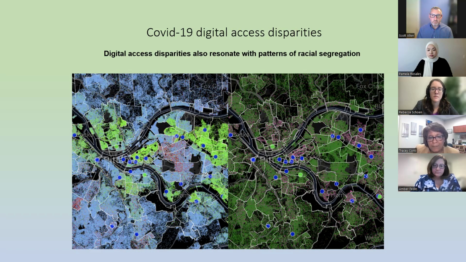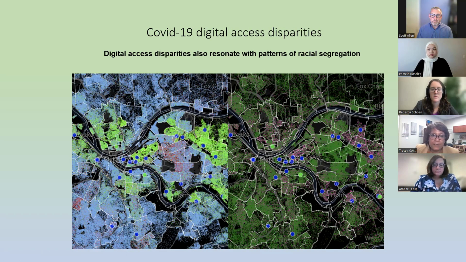This was at a time that we were also transitioning from the traditional in-person office visit to a digital platform. We had patients that were complaining that they could not access these points. Pittsburgh, if you don't know, is a city of bridges and rivers. And if you look at most of these areas, they were across a river or a ridge, a river or a bridge. So our patients could not access those centers.